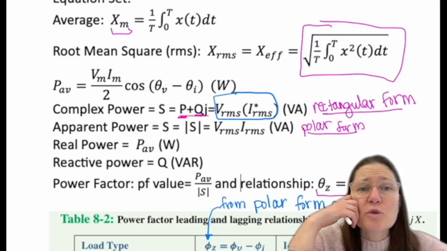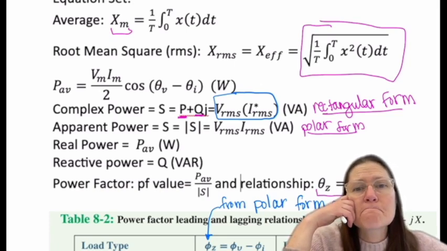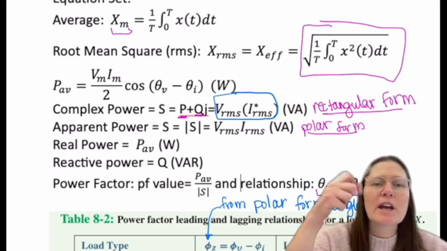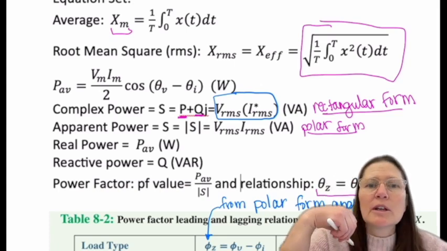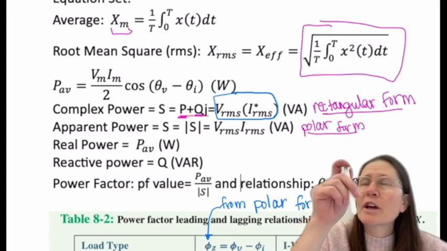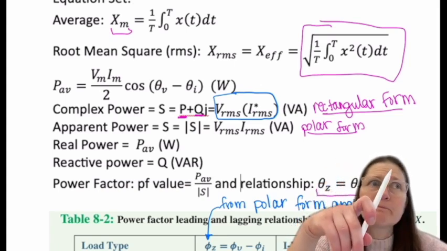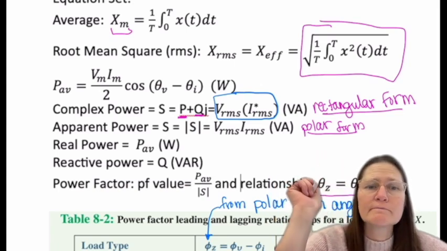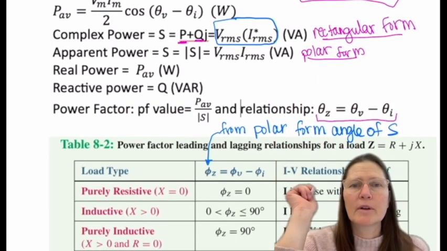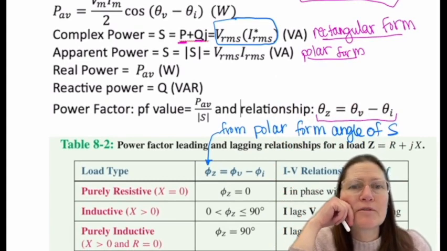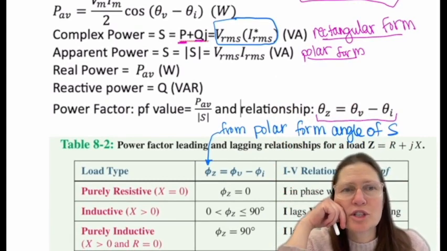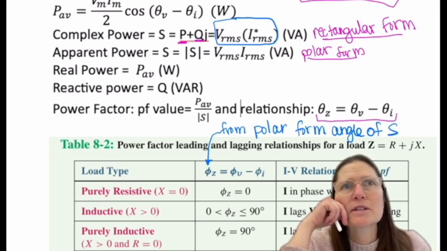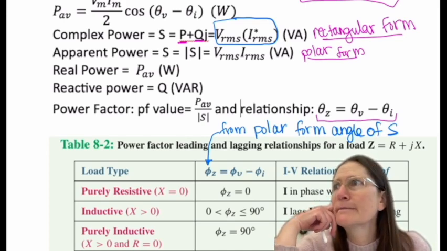In rectangular form, you can find the real power and the reactive power. In polar form, you can find the apparent power and then the angle, which is associated with the power factor, PF. And PF value is the real portion in rectangular form of the power over the apparent magnitude.